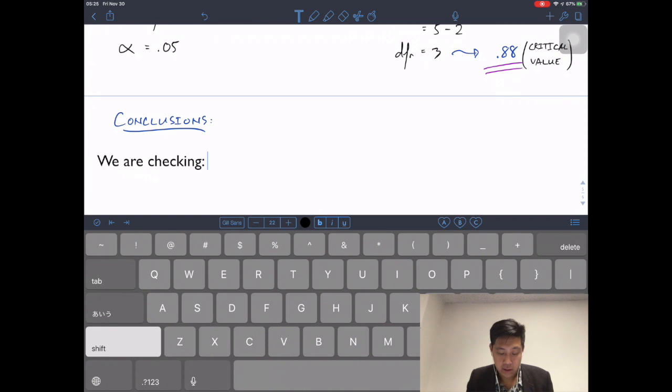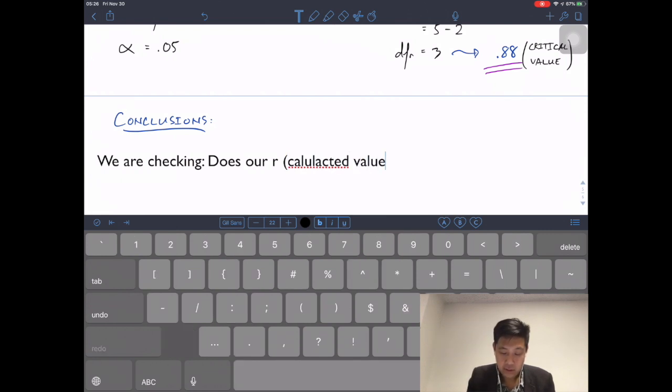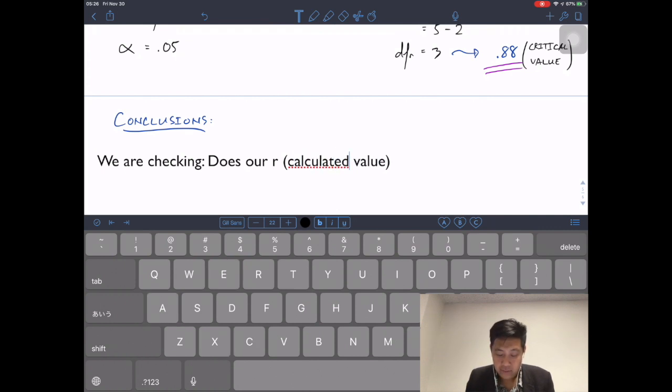Does our R, remember that's your calculated value, fall within our table, and that would be our critical value.